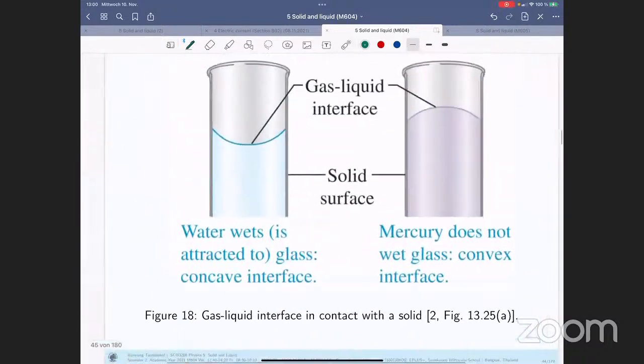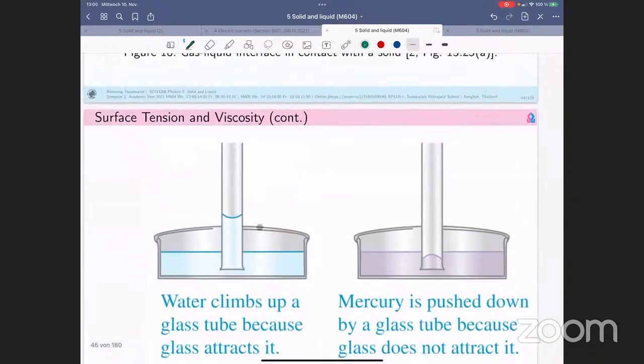And one more important thing, if you compare the height of the water level inside the capillary tube and the mercury level compared to the mercury surface, it's also different.